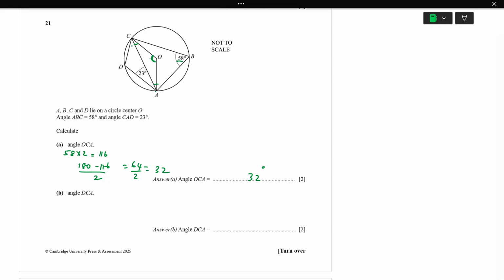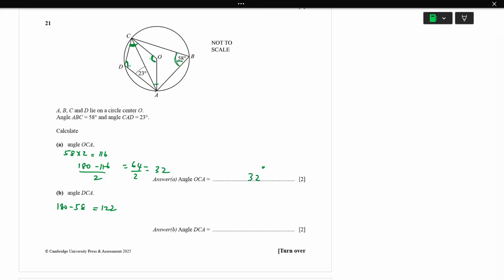DCA, so we need to find this angle. Now this angle plus this angle is 180 degrees because it is cyclic. So 180 minus 58 is 122. So this angle is 122.